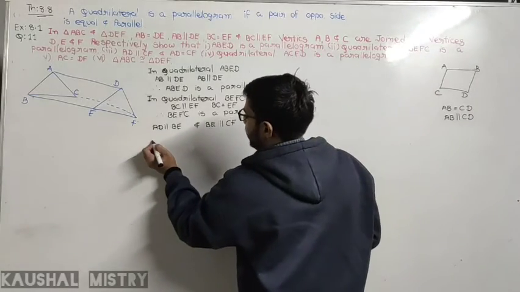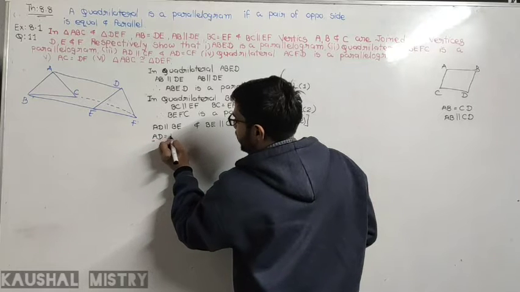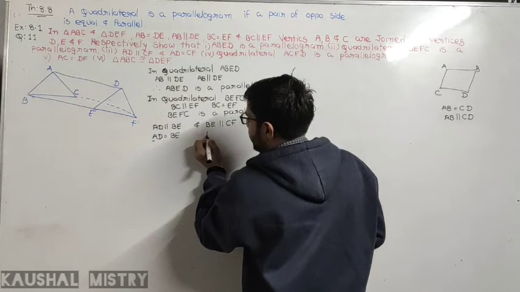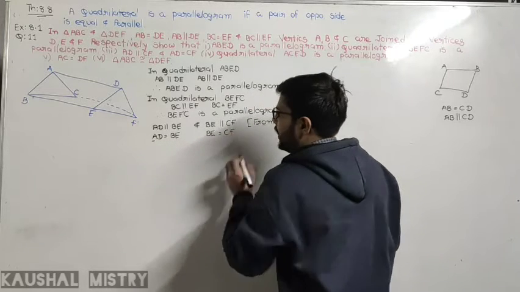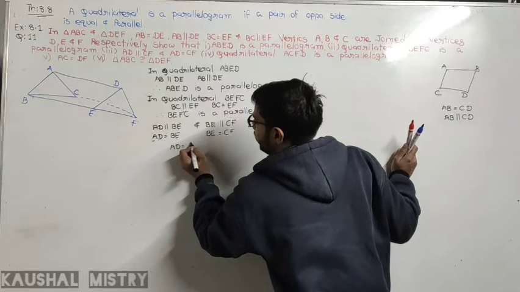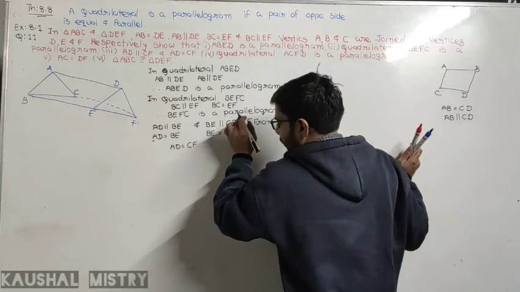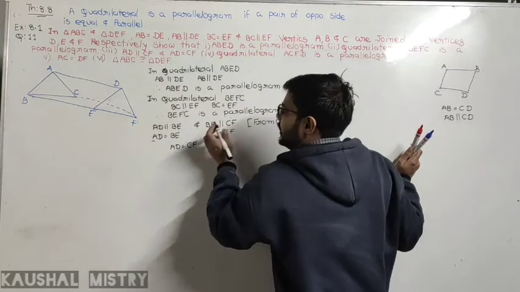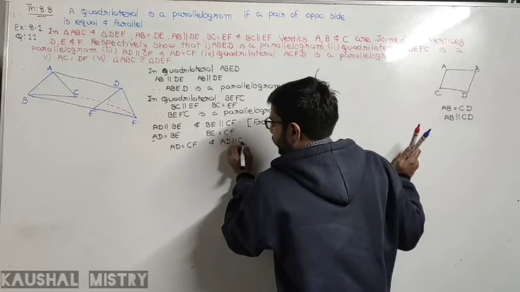One other thing we can write: AD is equal to BE and BE is equal to CF, right? That means we can definitely write AD is equal to CF, and if this side is parallel to this side and this side is parallel to this, that means AD is parallel to CF.